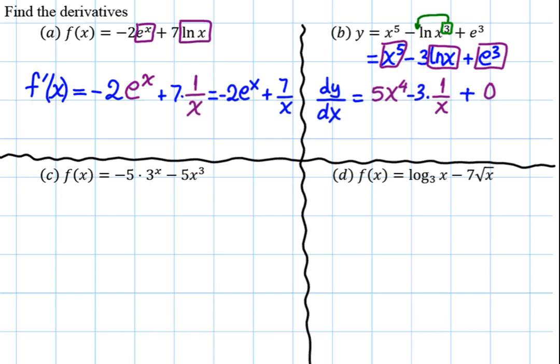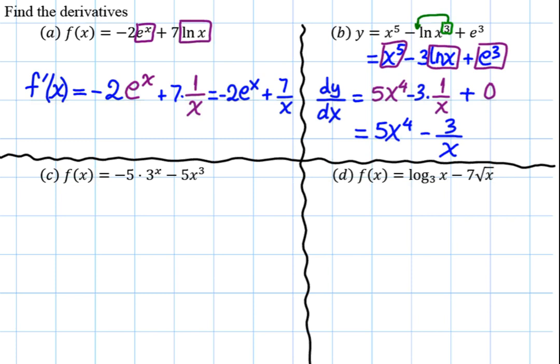Right. So once again, x to the fifth, the derivative is 5x to the fourth. ln of x, the derivative of ln of x, negative 3 multiplied to it, so it will stay negative 3 multiplied to it. Finally, we have 5x to the fourth minus 3 over x.